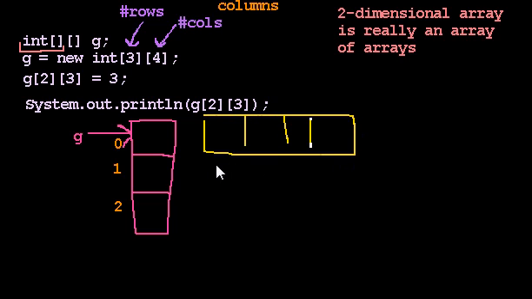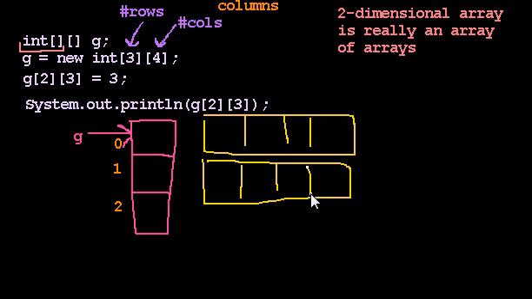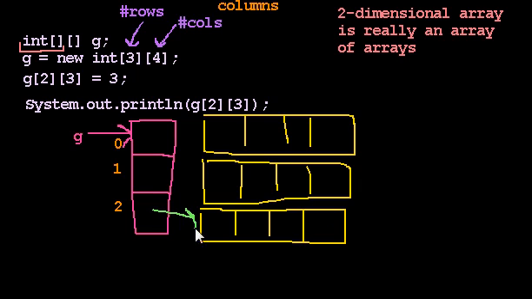Maybe I made this too big because now you're going to have to watch me draw out all of these little boxes. That's okay, that'll give you time to think about arrays and appreciate how beautiful they are, and appreciate how much better you would be at drawing boxes if you were faced with moving your mouse in this fashion. Okay, so each of these boxes in the pink array refers to one of these 4-element yellow arrays over here.